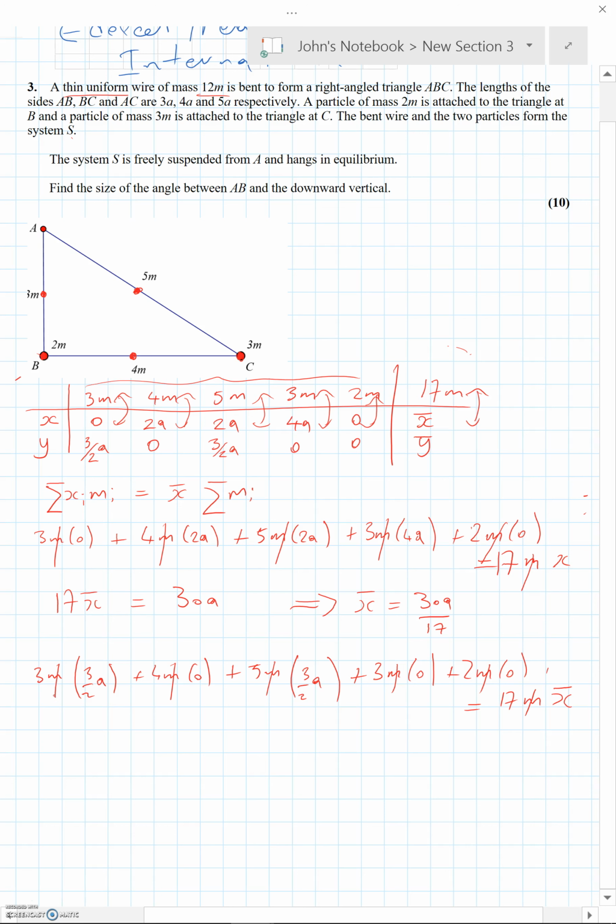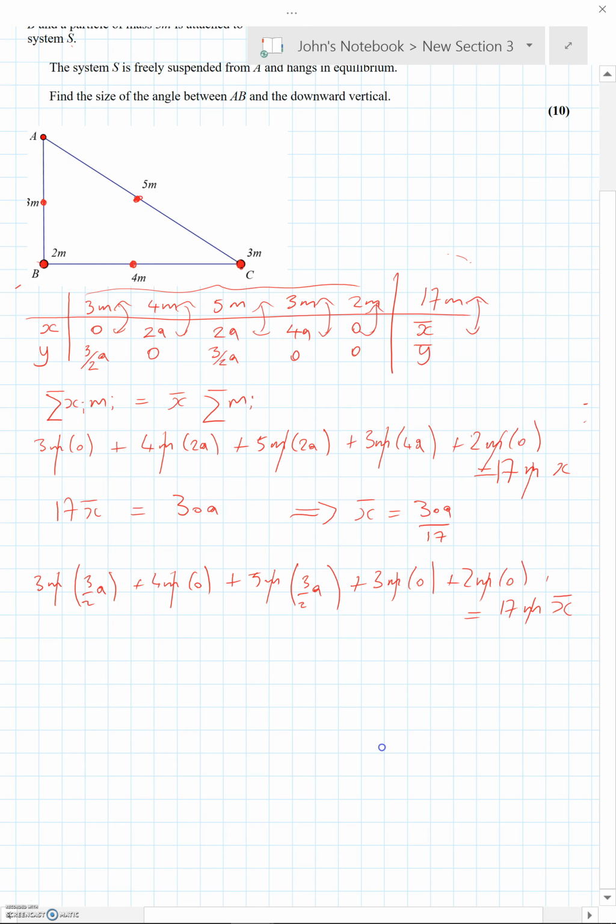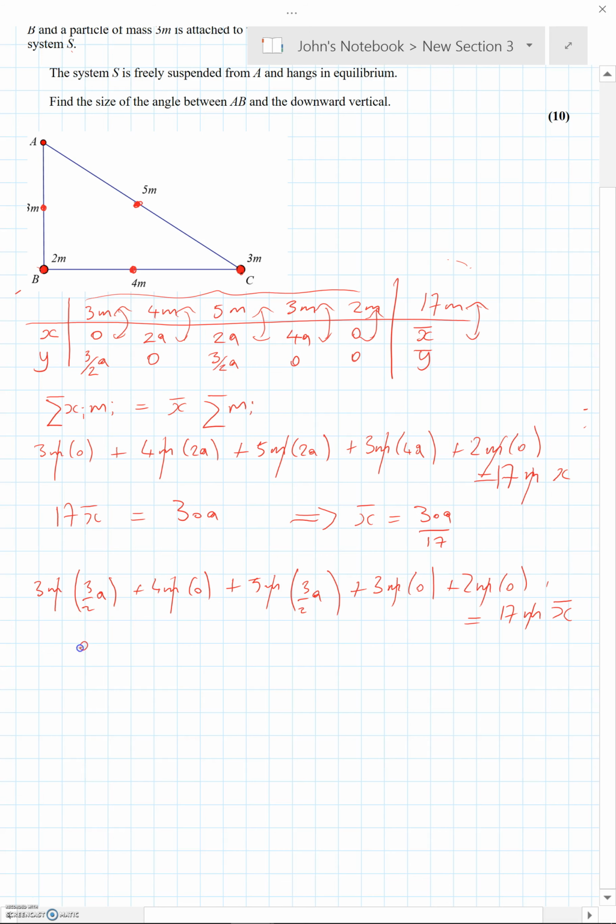Okay, and finally, when we work that out, let's just not rush it too much, we get 9 over 2a, because these are the only things that actually count, plus 15 over 2a is equal to 17 y bar. Y bar, of course, we're working out the y now.